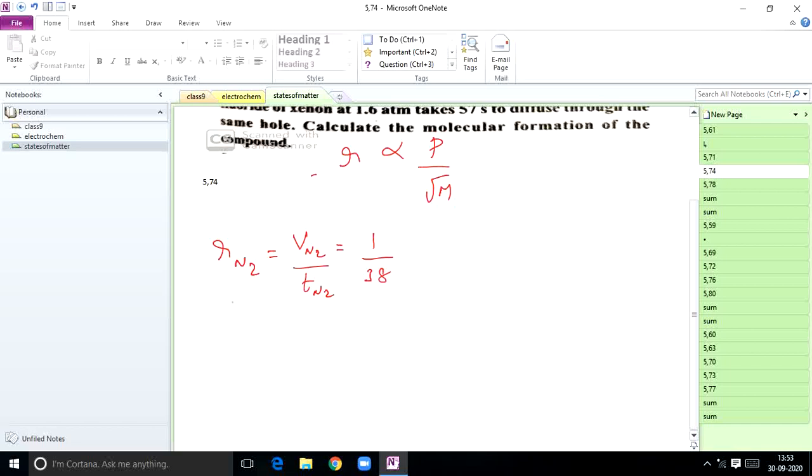In the same manner, rate of diffusion of the unknown compound is volume of unknown compound divided by time taken for its diffusion. It is given 1 mole of unknown fluoride of xenon, so 1 by 57 seconds. That is the rate of diffusion of unknown xenon fluoride.